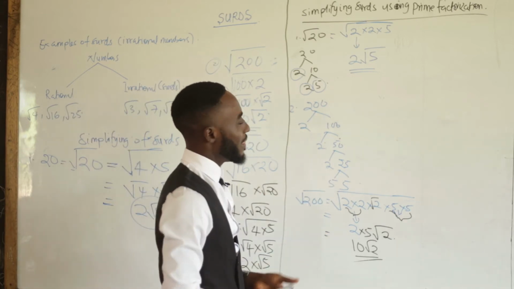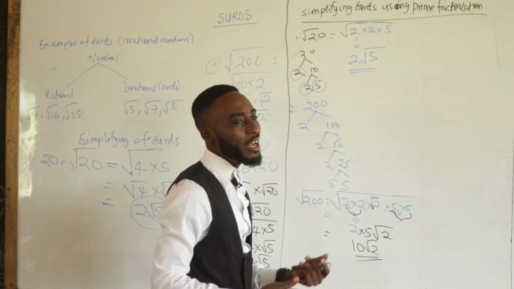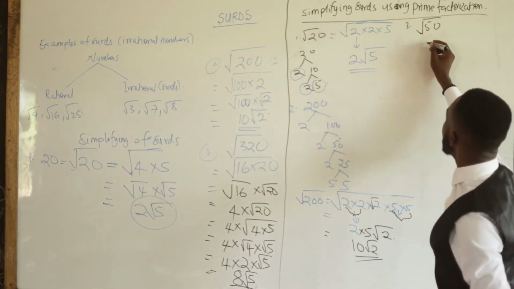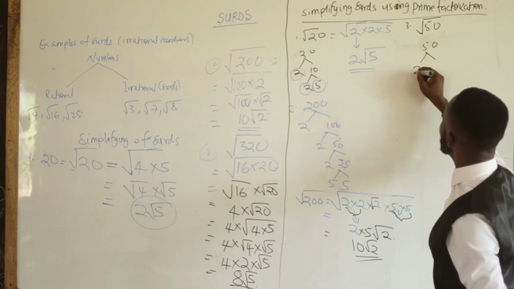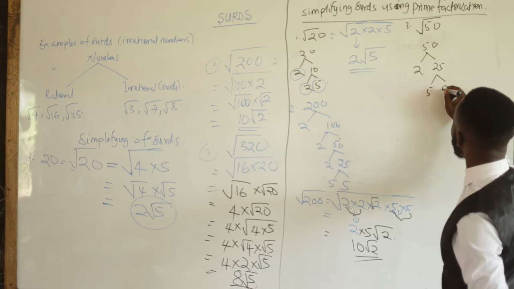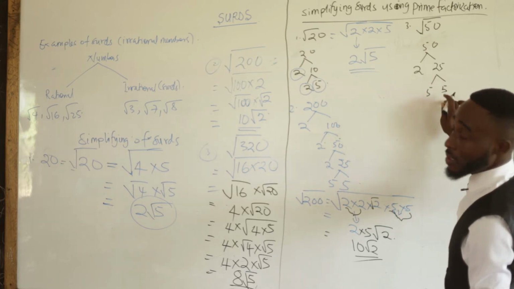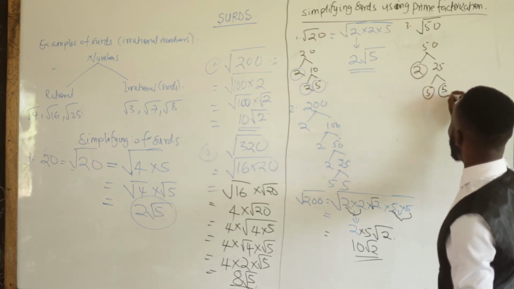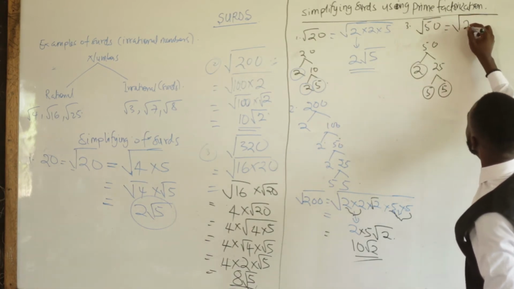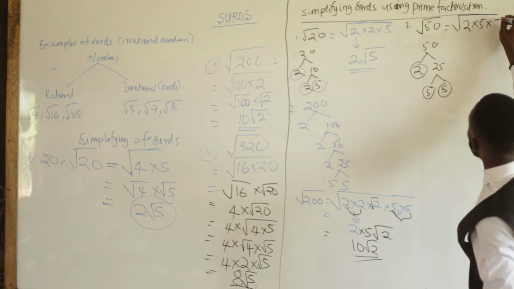Let's try another one. Let's see square root of 50. 50 is 2 times 25, and then 5 times 5. So this will be equal to root of 2 times 5 times 5.